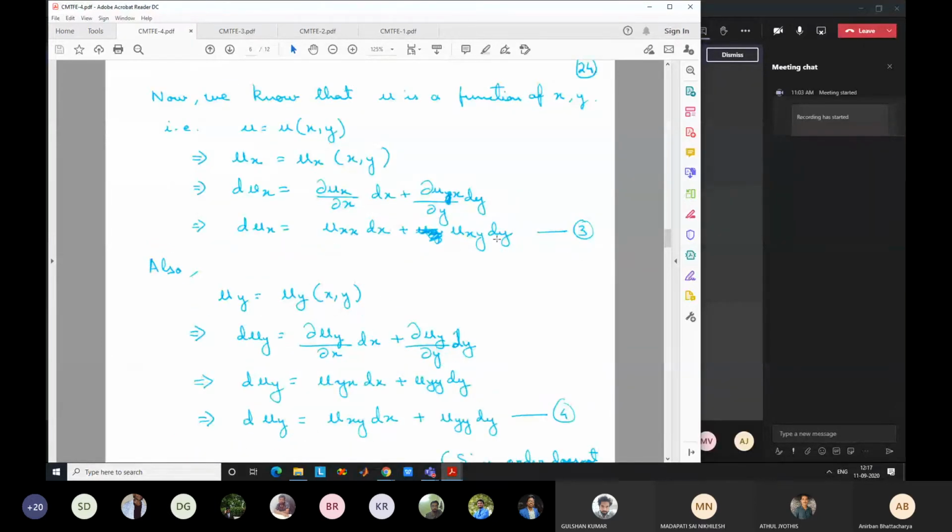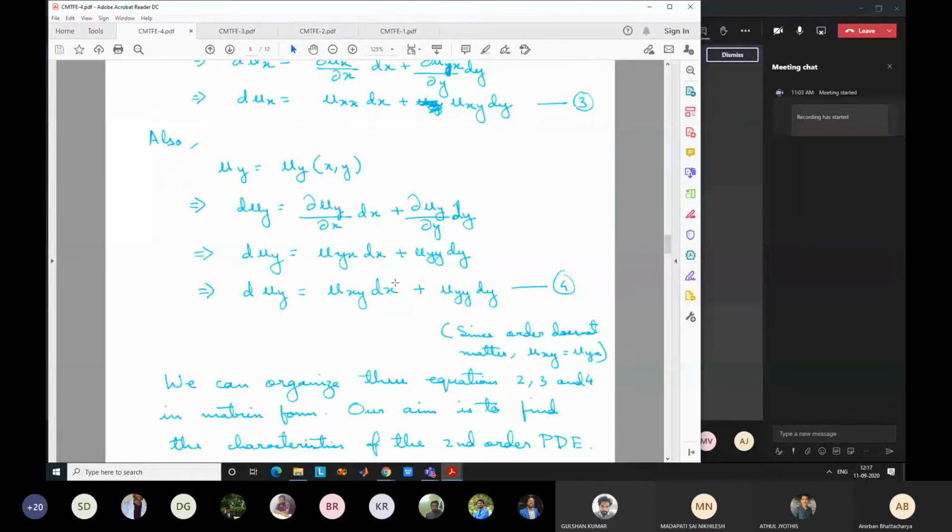Similarly, this equation also has the same variables, uxx, uxy. There is no uyy term here, and some other coefficients. Similarly, this equation has variables uxy, uyy. There is no uxx term here, and some coefficients. The coefficients are dx, dy like this.